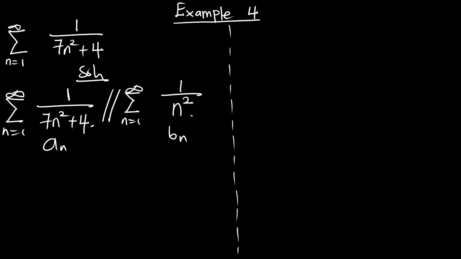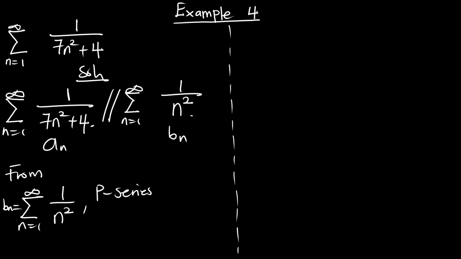Alright, so from Bn, what can we say? Bn is this series, the summation from n equal to 1 to infinity of 1 on n squared. Using the p-series test, our k is going to be equal to 2, meaning Bn converges. And what does it say?